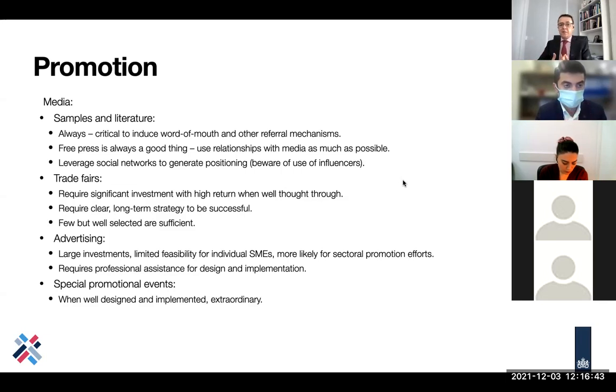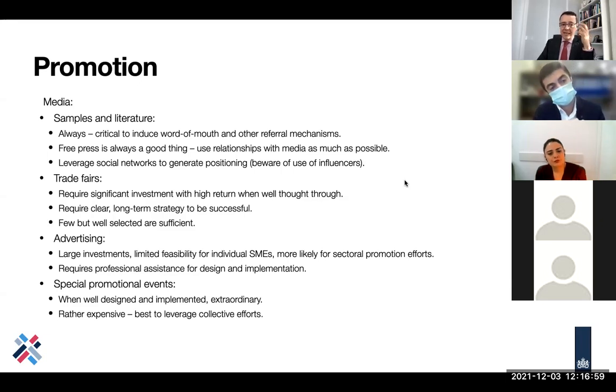So the return on investment was very, very positive. But of course, it required this guy to work on it for a long number of months, convincing companies to invest. It is expensive. It requires collective effort. It can be very effective, but it requires work and requires also very clever, very smart professional advice.